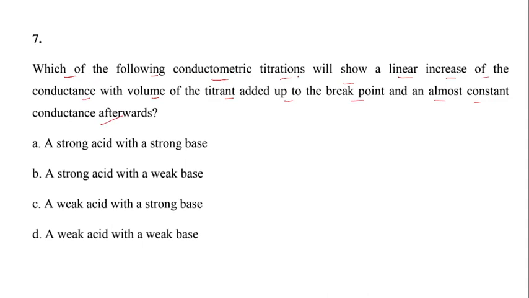Which conductometric titration will show a linear increase of the conductance with volume of titrant? Means if you are adding titrant, then the conductance remains constant, then only it will show linear behavior. So it will be like that.